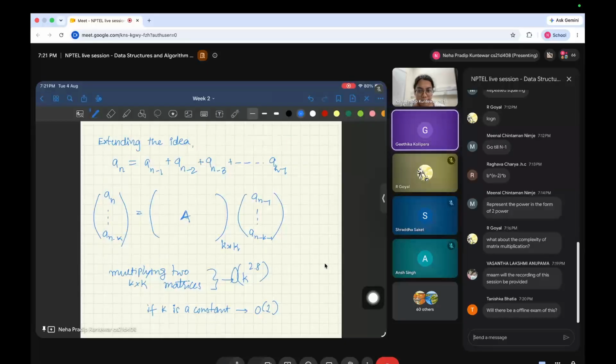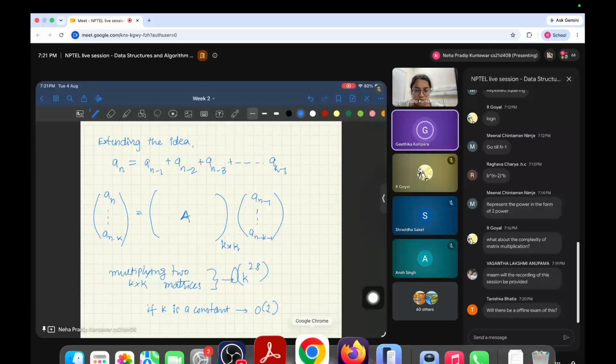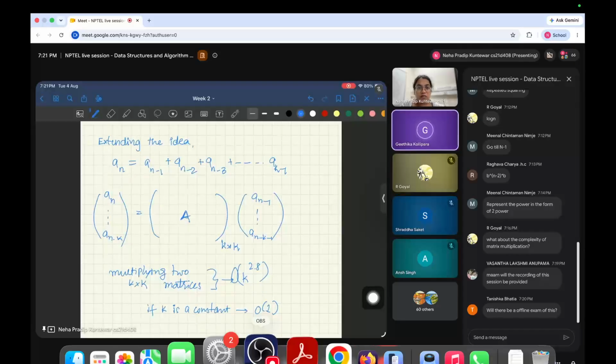Yes, ma'am, you have told that if we are not able to express n minus one as 2 power k, we should express it as the sum of powers. If it is the biggest number, how can we express it?